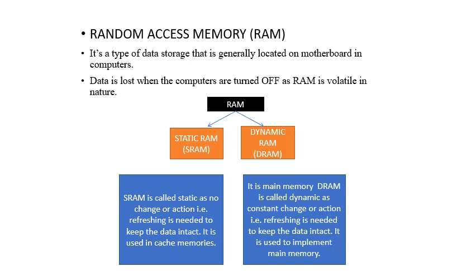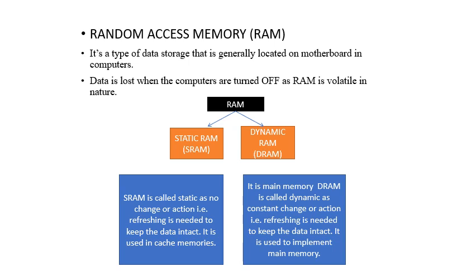Now what is the third internal component? That is random access memory. We need to know what random access memory is first of all. In the previous video lecture I have already told you what random access memory is. It is a volatile kind of memory that is lost whenever we turn off the particular system. So the data is lost as we turn off the system, so it is volatile in nature.